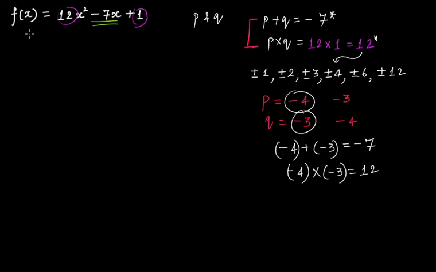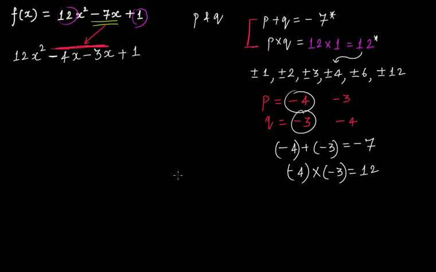Now, let's write this. This is 12x squared minus 4x minus 3x plus 1. We have split this middle term into minus 4x and minus 3x.